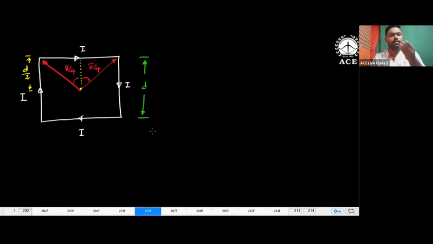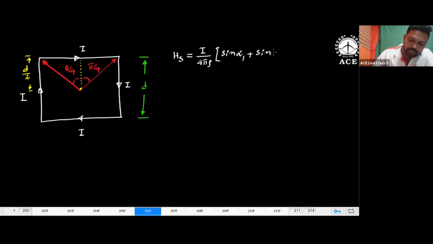Clear? So I'll find the magnetic field due to each section. Hs is equal to I by 4 pi rho into sine alpha 1 plus sine alpha 2. We are interested only in the magnitude. So the magnetic field due to each side is I by 4 pi rho.